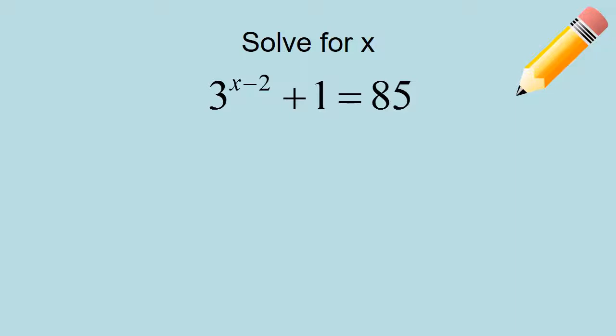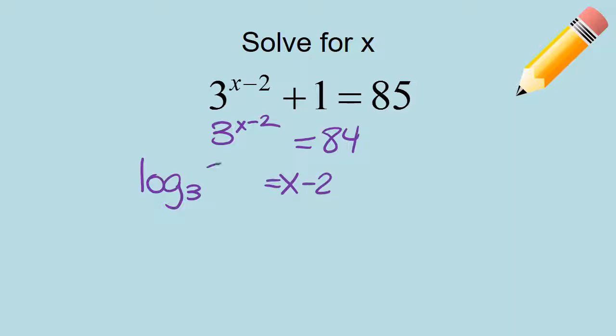All right, we got one number we got to kick over to the other side there first. So I actually have 3 to the x minus 2 equals 84. No base of 3 will get me to 84, so I'm going to convert right away. Now notice I have an expression in my answer. So take care of log of 84 over log of 3 first, and leave that in your calculator.